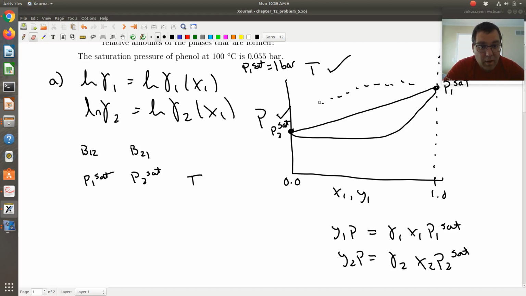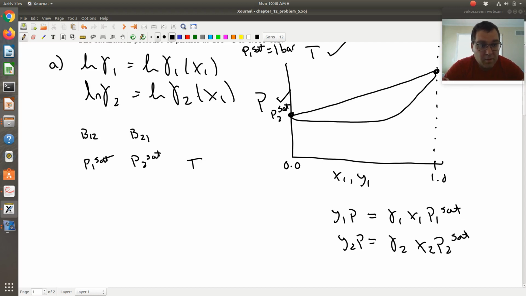When I think about looping over a range to solve my isofugacity equations for each case, typically I'm going to loop over composition x1. Why? Because I know that no matter what, all of my data points are going to be bound between these two limits, 0 and 1. x is typically preferred because my activity coefficient functions are functions of composition, my liquid phase composition.